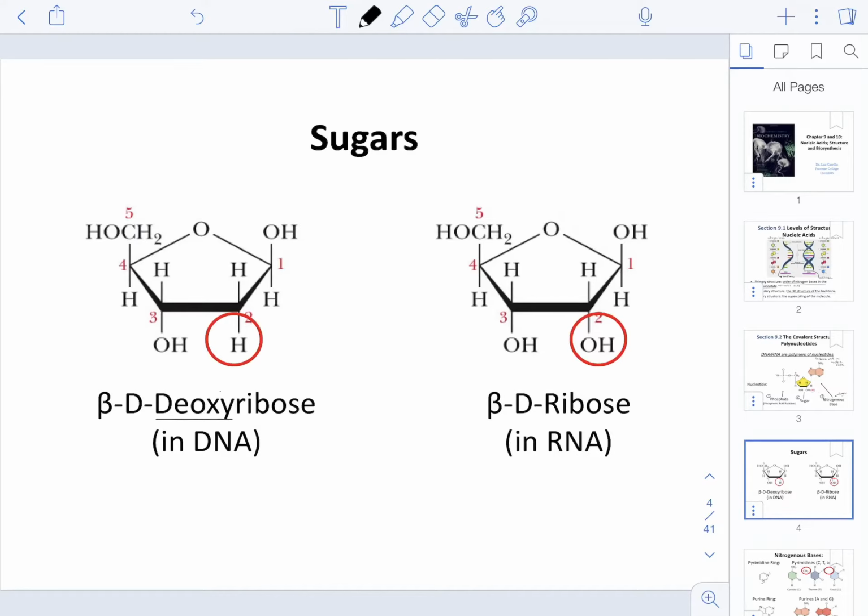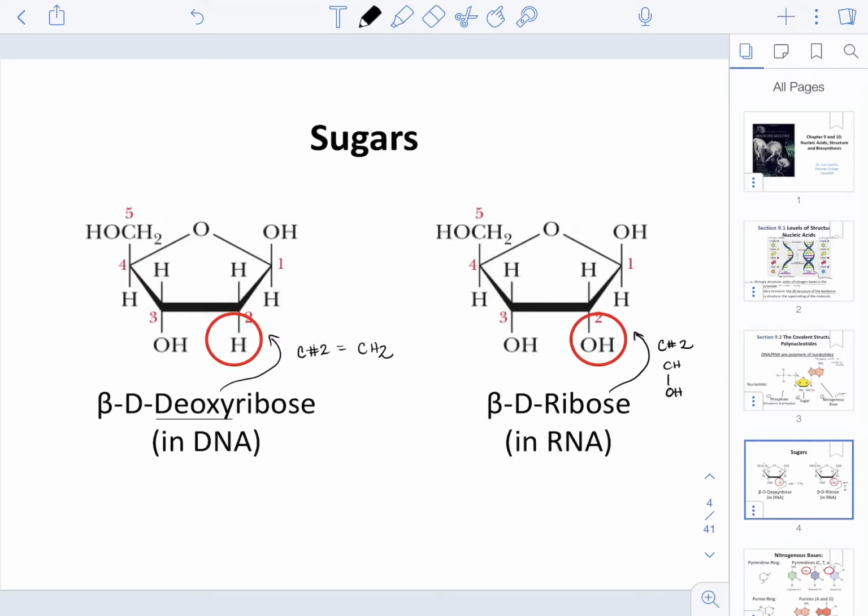And deoxy comes from, if we look at carbon 2 in the ribose motif, carbon number 2 is now going to be a CH2 group, meaning deoxy means that there's a lack of oxygen. Now we lost an OH group, because if we look at the ribose sugar, carbon 2, it is a CHOH. So the absence of that OH group in the deoxyribose is what makes it deoxyribose.